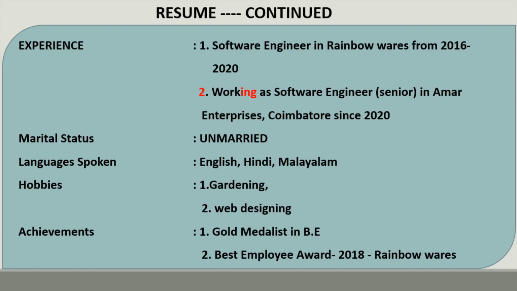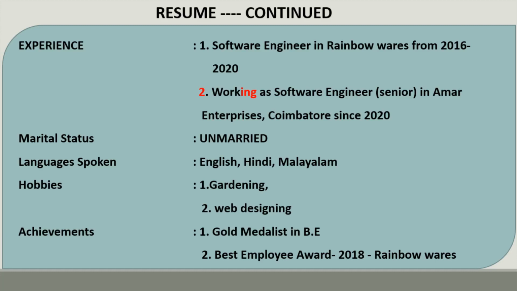Never say, I worked in this company from this year to this year in the last column. It would mean that you have left the job before you got a new one, and that does not reflect well. So, the last part of the experience should always be written in the ing form. I have marked it in red to act as a reminder for you.